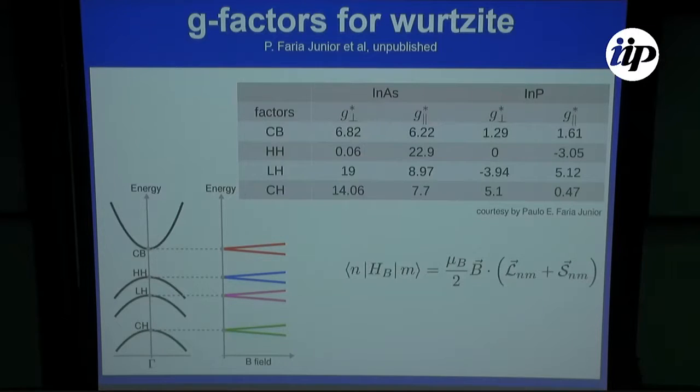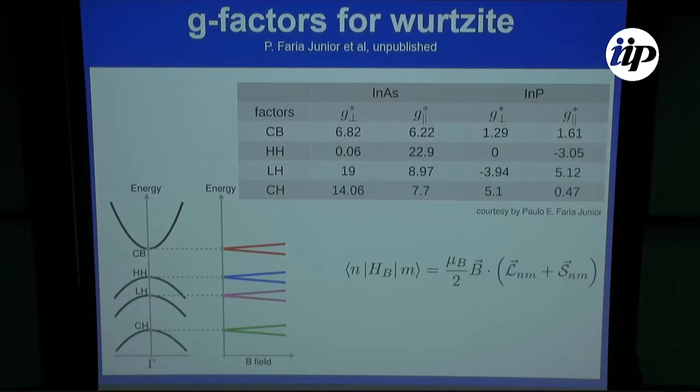We then also calculated things like g factors, because they are very unknown for wurtzite materials. For example, we calculated, but these are bulk, for indium phosphide and indium arsenide. And actually, these results are in perfect agreement with recent experiments in the group in Rome by Antonio Polimeni.